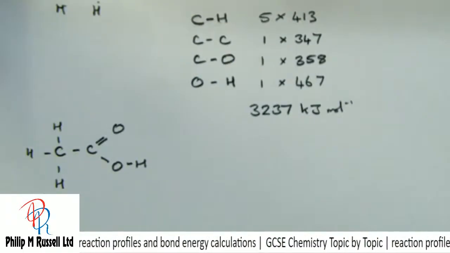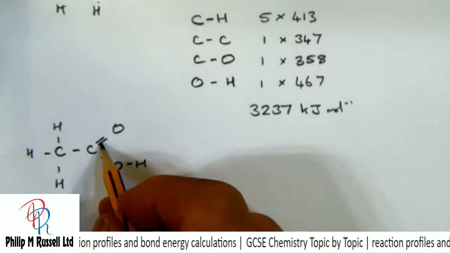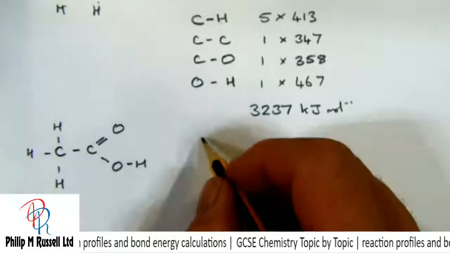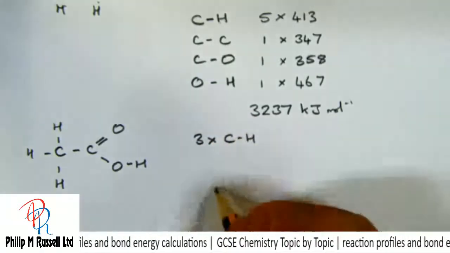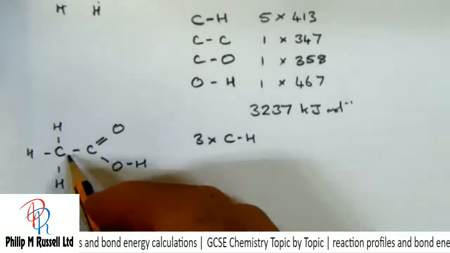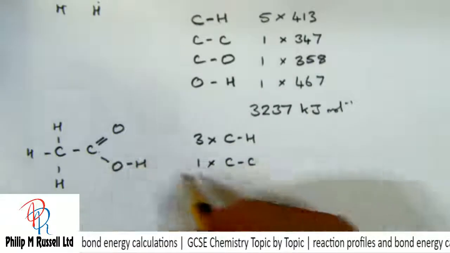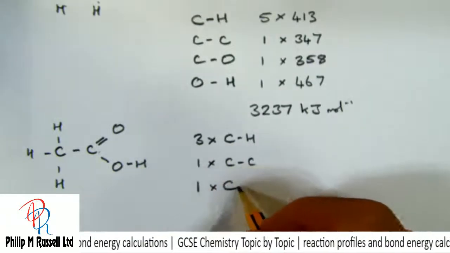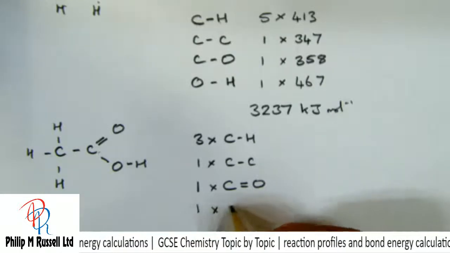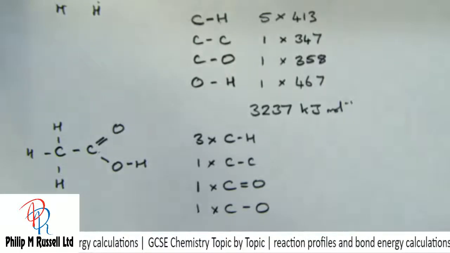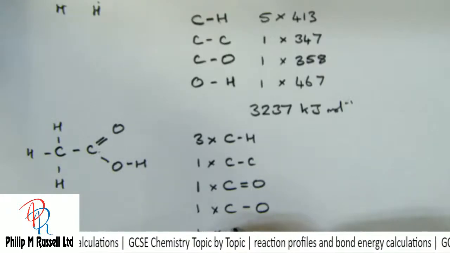This is acetic acid, vinegar, and it's got then a different type of bond in. We've got 3 times our CH, we've got now a carbon-carbon bond, we've got one of those, we've got one carbon double bond O, we've got one carbon single bond O, plus we've got 1 times OH.